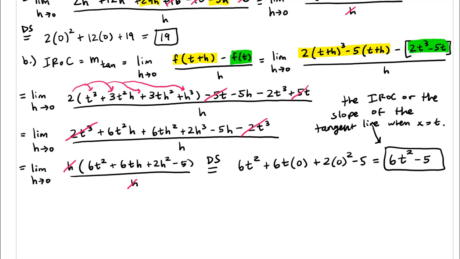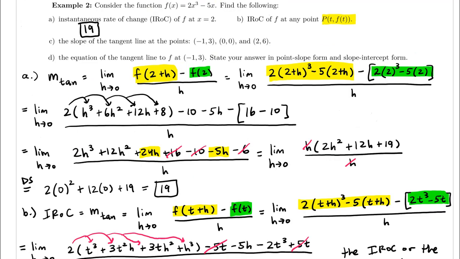I could plug it with 1 or 100, and it should tell me the slope of the tangent line or the instantaneous rate of change. So the part B answer, final answer, was 6t squared minus 5. And now part C says, find the slope of the tangent line at the following points.